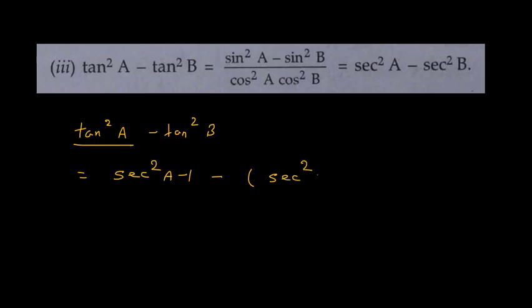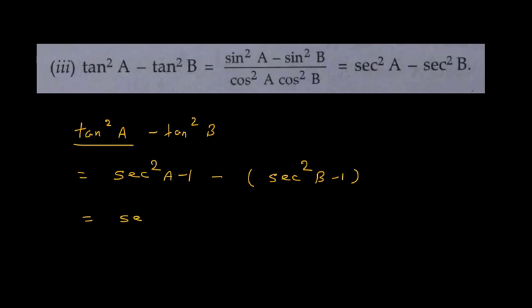So let us start with tan square A minus tan square B. Now this tan square A is sec square A minus 1, and this tan square B is sec square B minus 1.